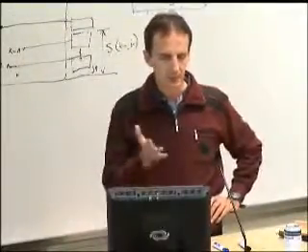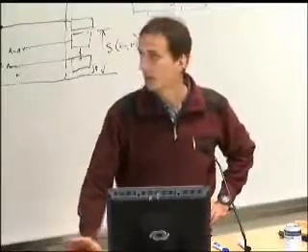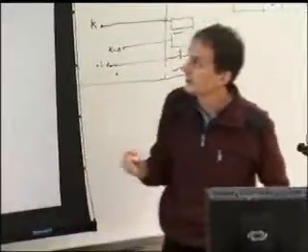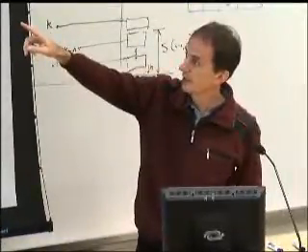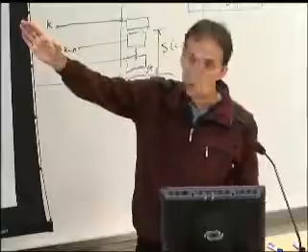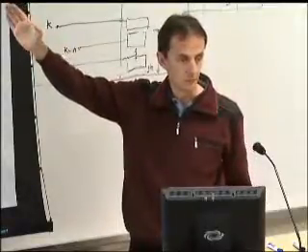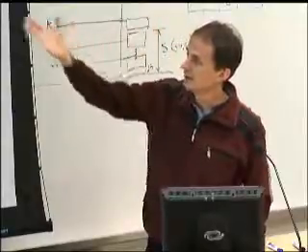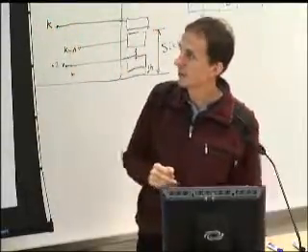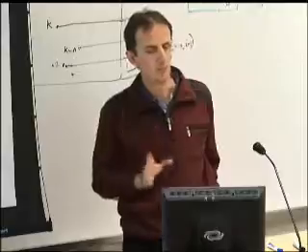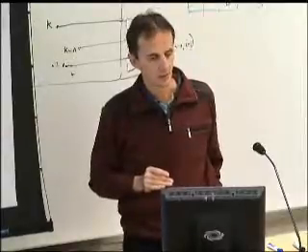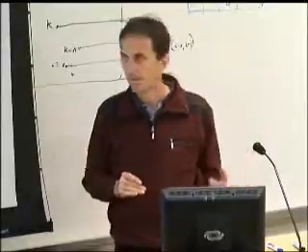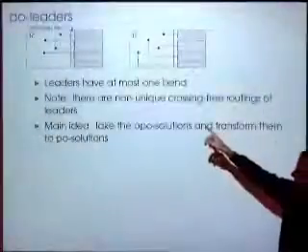PO leaders, again, as I said, it's on the right-hand side. So here I have the OPO solution and the PO solution. Okay, and the first observation is there are non-unique crossing-free routings in PO. In OPO, it's clear, it's unique.